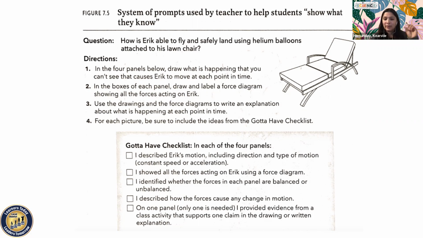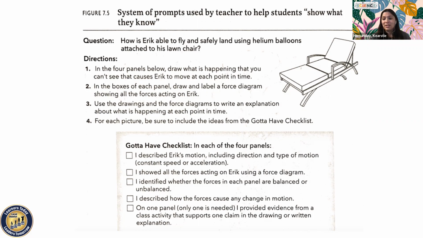Typically a rubric is a little bit more specific and doesn't give away all of the correct information, but there are, identifies 3 types of forces, whereas this just shows all the forces acting. So there could be 3, there could be 10. But it also identified whether the forces in each panel are balanced and unbalanced. If students have a misconception around that, they don't know if it's going to be balanced or unbalanced and could still misidentify.